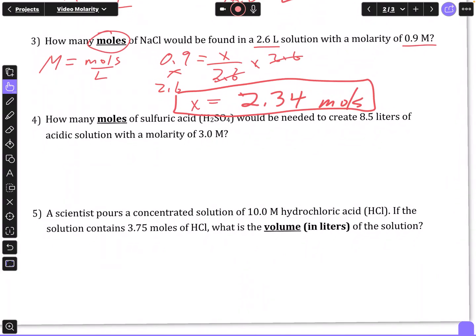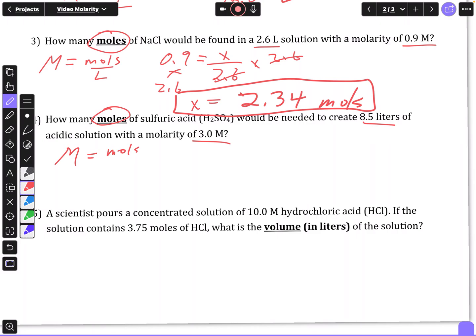Now next, how many moles of sulfuric acid, so I'm looking for moles, will be needed to create 8.5 liters of an acidic solution with a molarity of 3 molar. Alright, so again, start with my equation. M equals moles over liters. My molarity, it tells me, was 3.0. That equals, I'm looking for moles, that's going to be my X, and 8.5 liters.